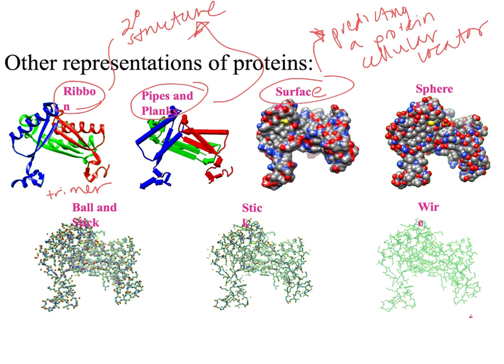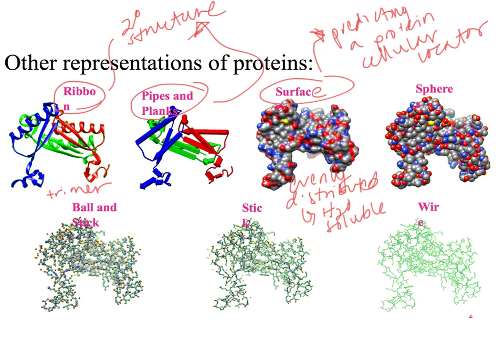If the blue and the red are evenly distributed, then you're looking at something that is water soluble or hydrophilic, meaning that it's probably located in the cytoplasm or a cytoplasm of some organelle. So it could be in the matrix of a mitochondria, it could be in the cytoplasm of the cell itself.